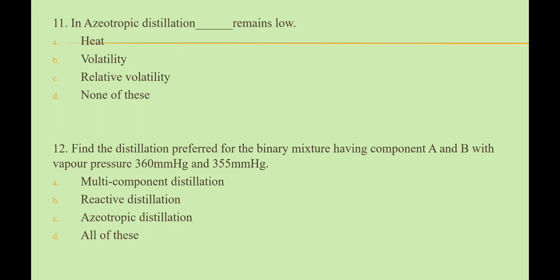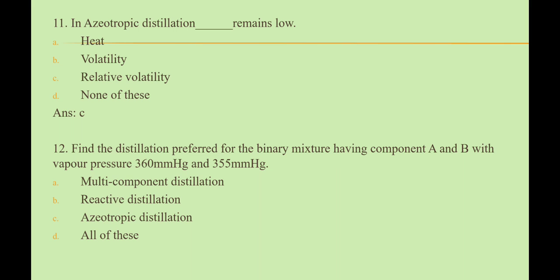Next question is, in azeotropic distillation dash remains low. So the options are A heat, B volatility, C relative volatility, D none of this. So the correct answer is C, that is relative volatility.